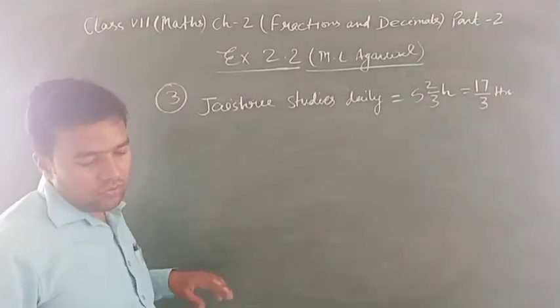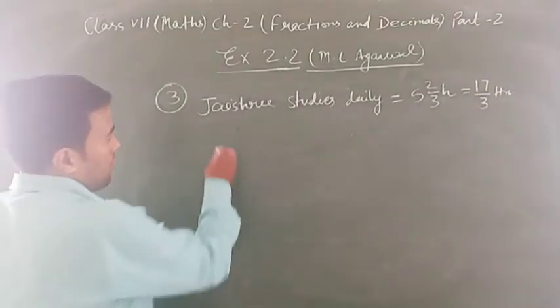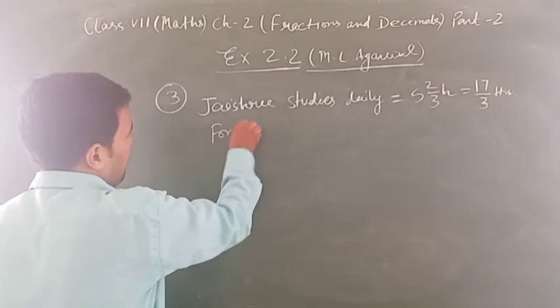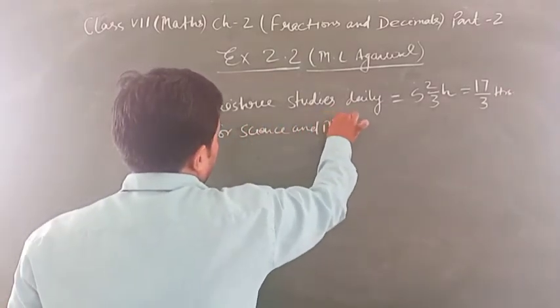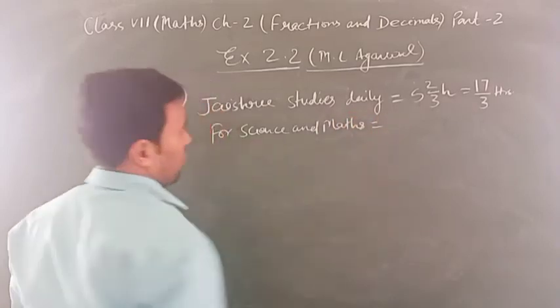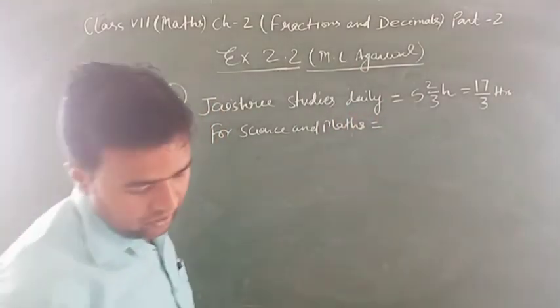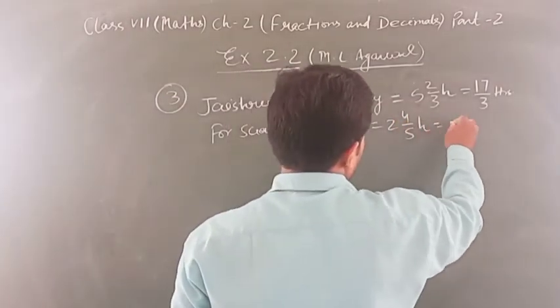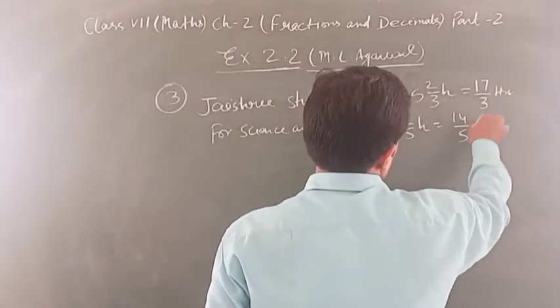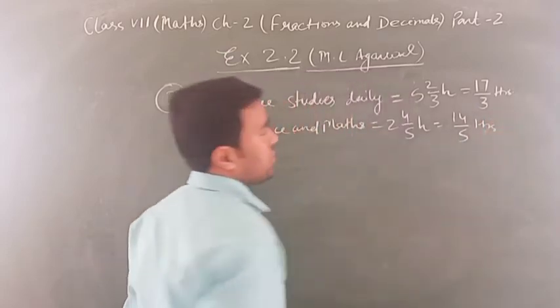And she devotes time for science and math. For science and math, she is giving the time 2 whole 4 by 5, means 14 by 5 hours.